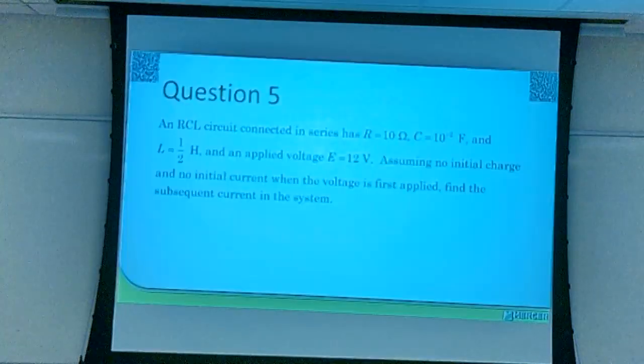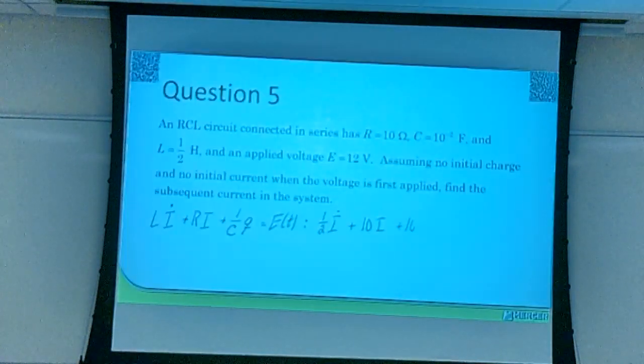Kirchhoff's second law would give us this, but this gives us an equation for charge.